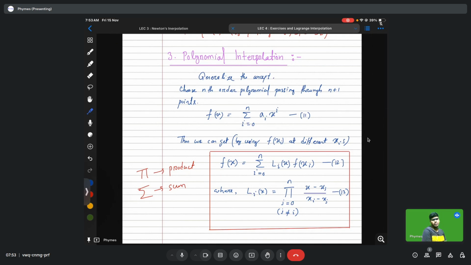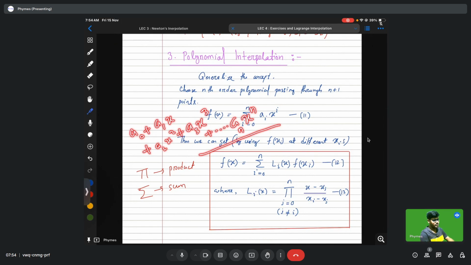For this nth order polynomial interpolation, we need n plus 1 data points, and the function will now be like this: a0 plus a1x plus a2x square plus a3x cube, and so on up to an xn. So this is a polynomial of order n.